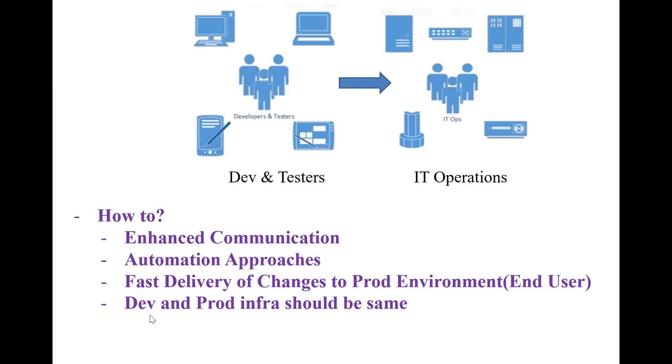Suppose developers are habituated to working on Windows systems, but the production environment, a secured environment, is Linux or Unix operating systems, which we use. On the developer's system, it is working. But whenever we move that change to production or UAT or testing environments, it is not working.